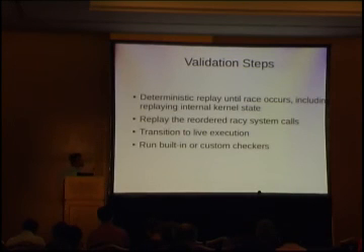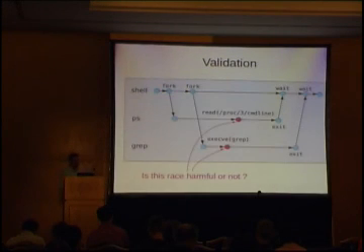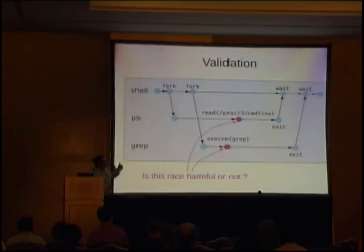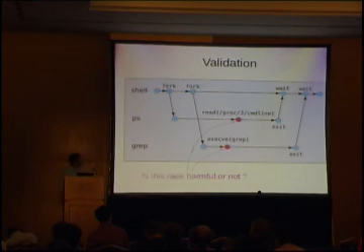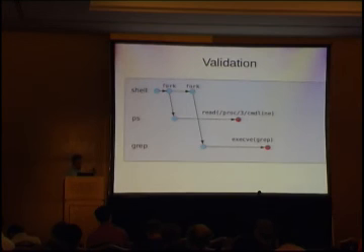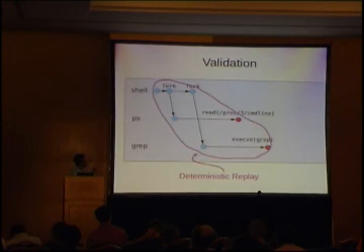So I'm going to illustrate the validation with a PS grep example. From step 2, from detection, we find out that those two system calls were racy. Now the question is, is that race harmful? So we take the original recording, we modify the order of those two system calls, we truncate the log file right after the modification, and then we feed the replayer with that execution.